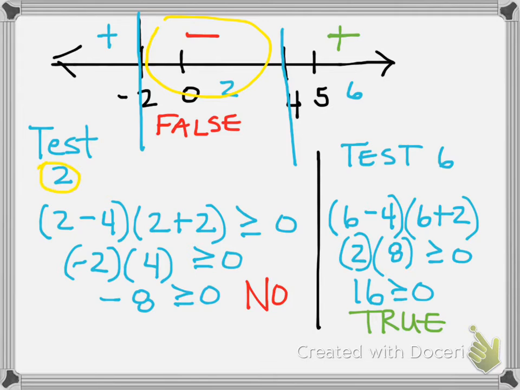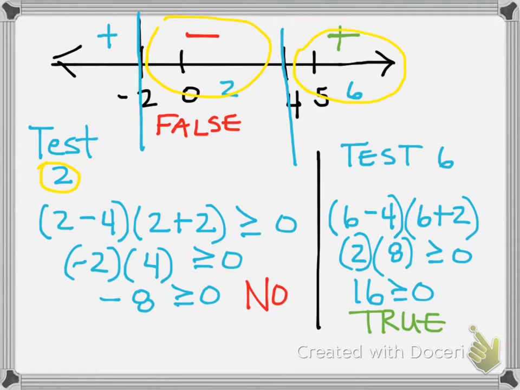You plug it into the equation, and then you solve, and I got negative 8. Negative 8 is greater than or equal to 0? Well, no, that's a false statement. And so you put negative up there. That's false.